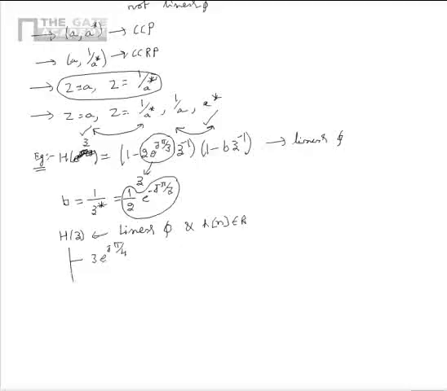Then we need to find the location of the other zeros, which are at z star, that is 3 e^(minus j pi by 4), 1 by z star, that is 1 by 3 e^(j pi by 4), and 1 by z, which is 1 by 3 e^(j pi by 4).